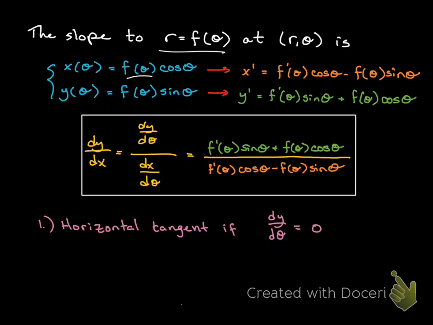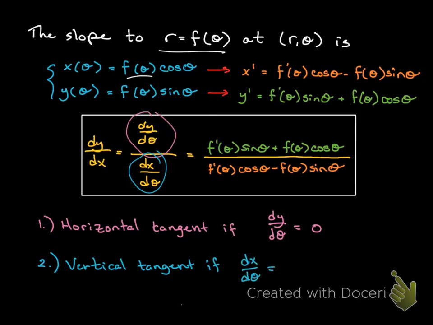And then vertical tangents arrive when the slope is undefined. That will correspond to having a vertical tangent if dx d theta there is 0.